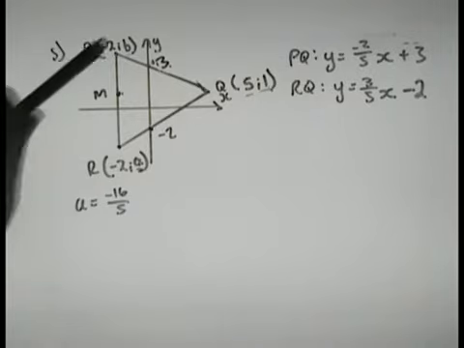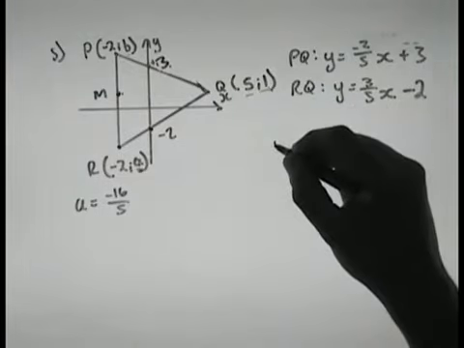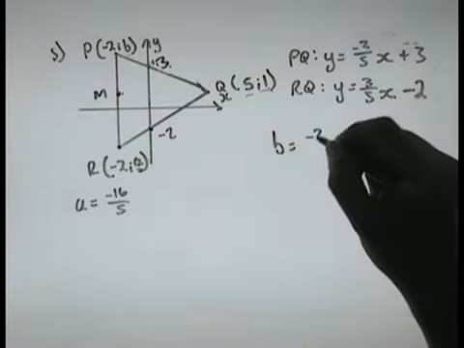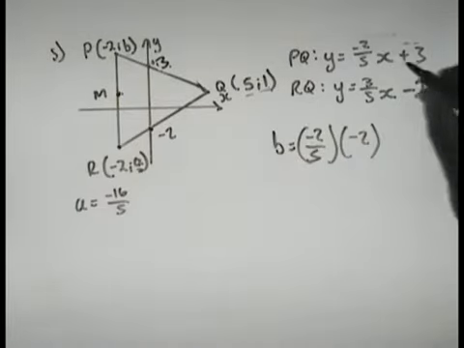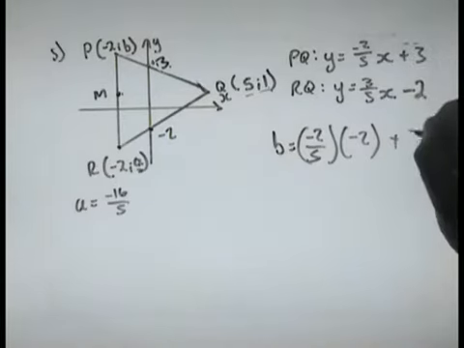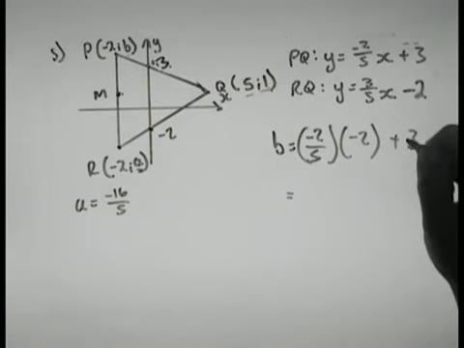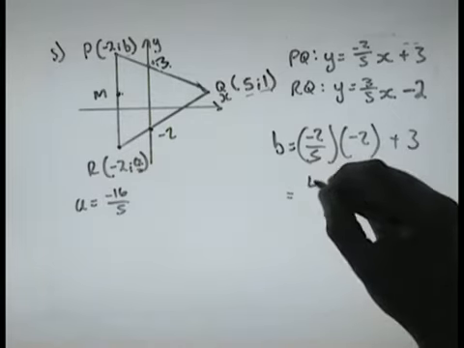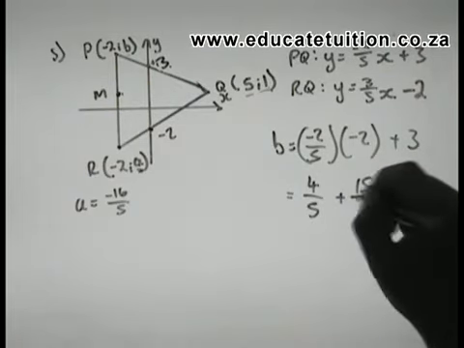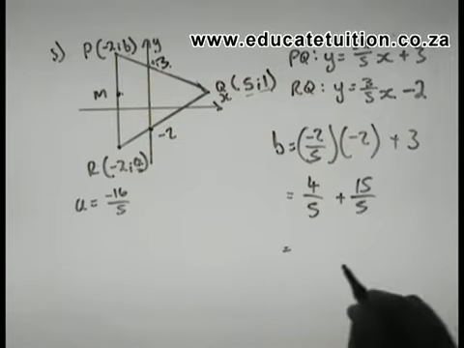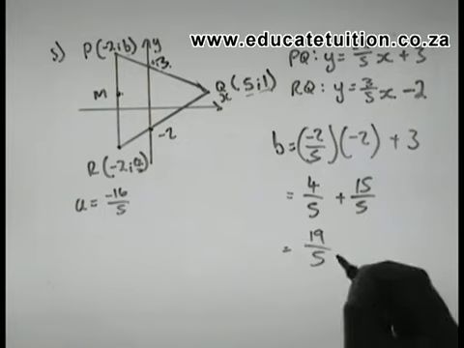To get the coordinates of B, we're going to do the same thing into PQ. We're going to say that Y, or rather B, is equal to negative 2 over 5 multiplied by negative 2, which is our X value, plus 3, which is going to give us positive 4 over 5 plus 3 or plus 15 over 5, which is going to give us 4 plus 15 is 19 over 5.